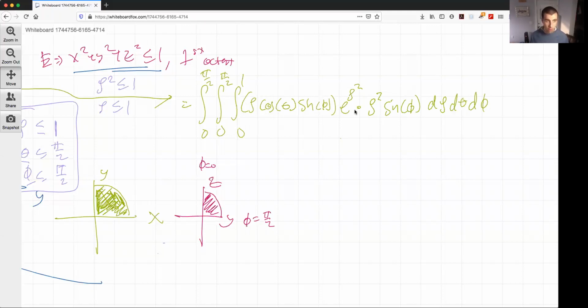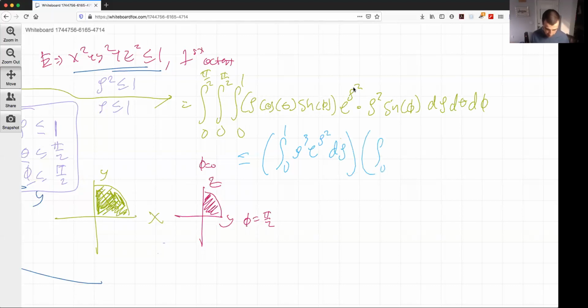Phew. Okay, this is really long. I'm not going to go through this anymore. I just want to clean this up. But to show you here, you can now split this up into 3 integrals, because these are all multiplied together, and I can just separate them all out. The first one's the rho: I have a rho to the 3rd e to the rho squared from 0 to 1, rho to the 3rd e to the rho squared d rho.